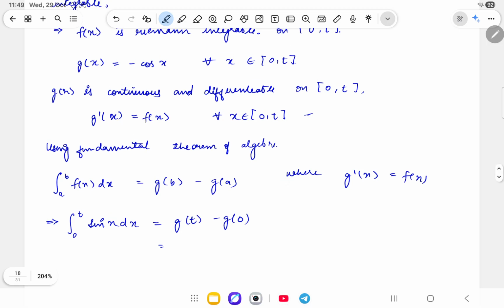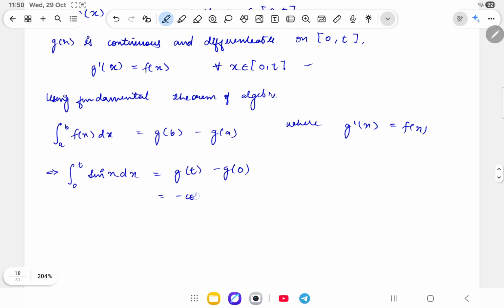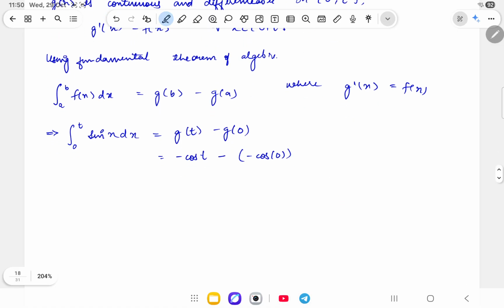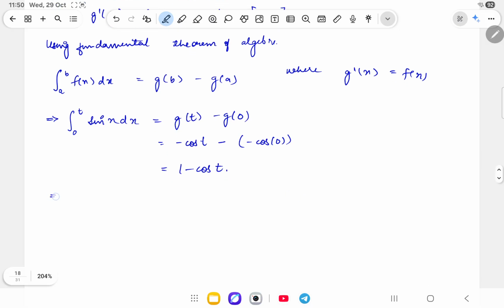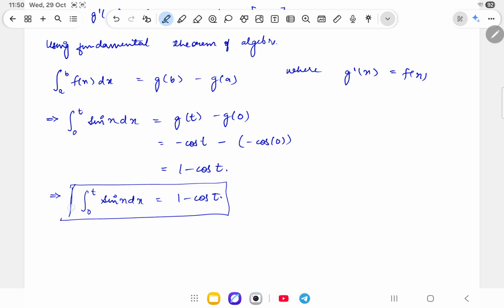We have assumed g(x) as minus cos x, so it will be minus cos t minus of minus cos 0, and cos 0 is 1, so it is equal to 1 minus cos t, and that's what we are supposed to show. So we got that the integral from 0 to t of sin x dx is equal to 1 minus cos t, and this is the relation that we were supposed to prove.